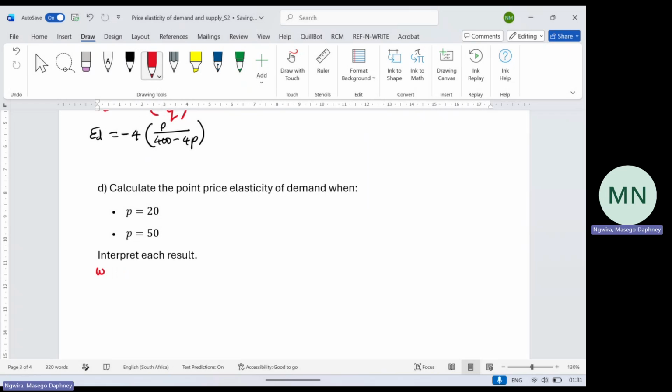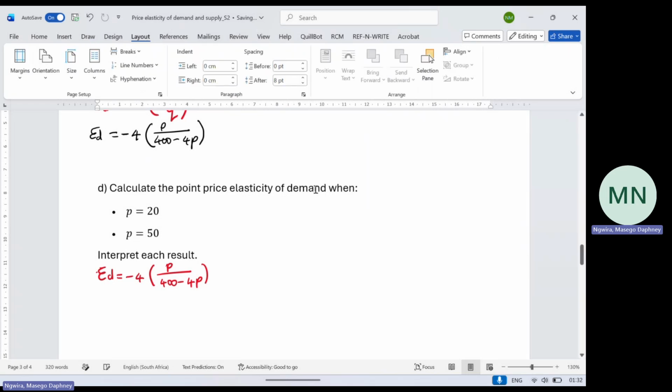Let me write the formula first: my ED is equal to -4, open bracket, P over 400 minus 4P. That's what we're going to use.